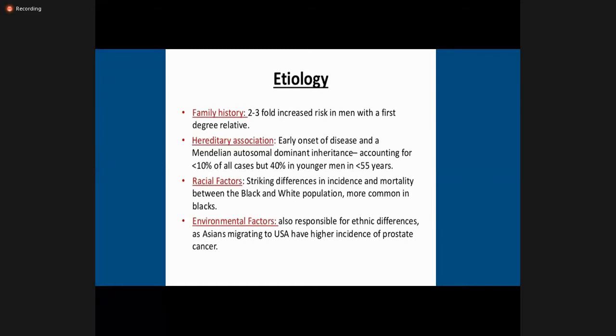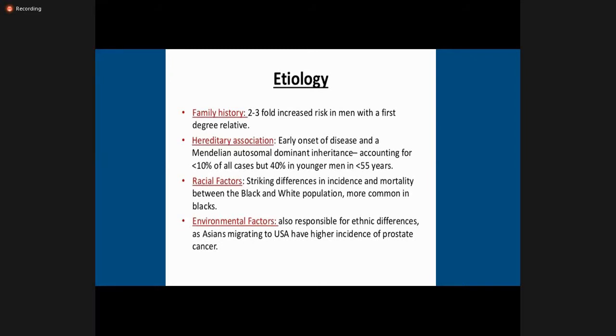Racial factors: there is a striking difference in incidence and mortality between the black and white population, more common in blacks. Environmental factors can be seen, but there is no clear-cut identification.